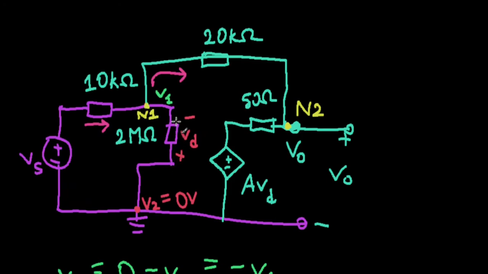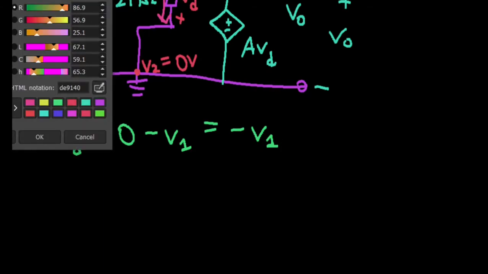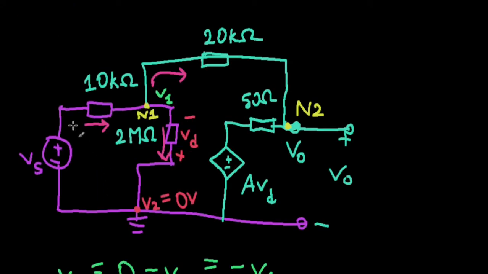Let's make another one exit here. So we have a current exiting from here. The current entering must be equal to the current exiting, right? That's KCL. At node 1 we have this equation. The current entering is the voltage difference.